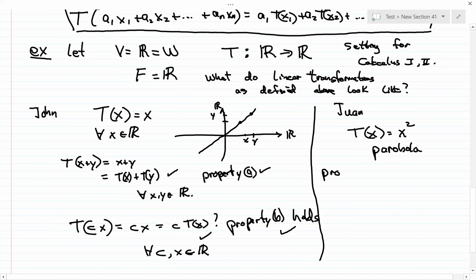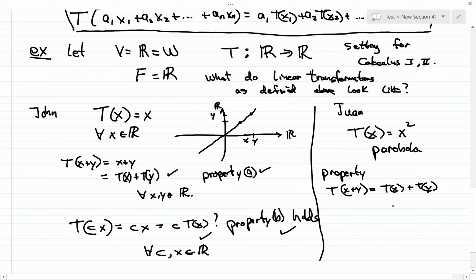Property A would say what? According to what we just defined, is T of X plus Y equal to T of X plus T of Y? That's called the linearity property. Well, let's check it out.